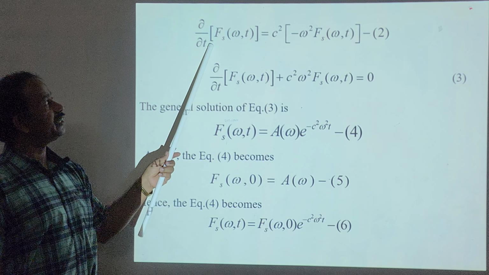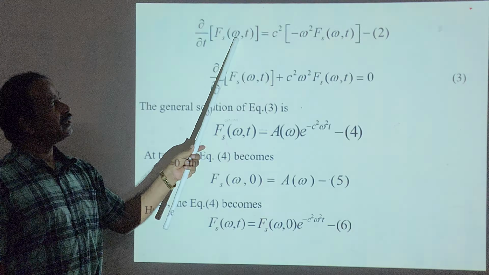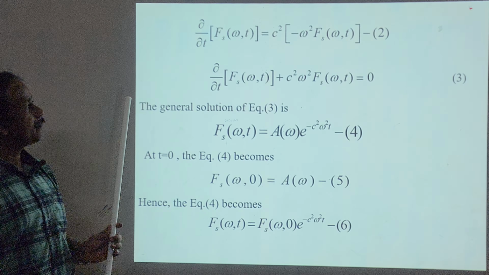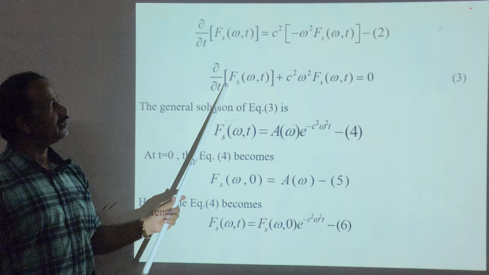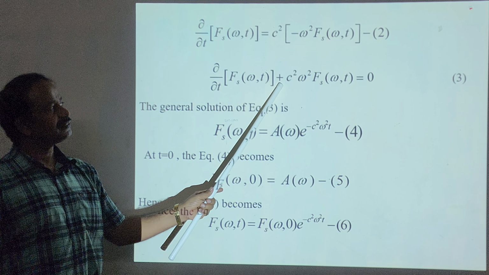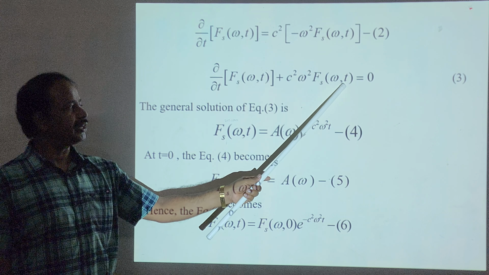Now I can take this term to the left hand side. That will give you d by dt F_s(omega, t) plus c squared omega squared F_s(omega, t) equals 0.